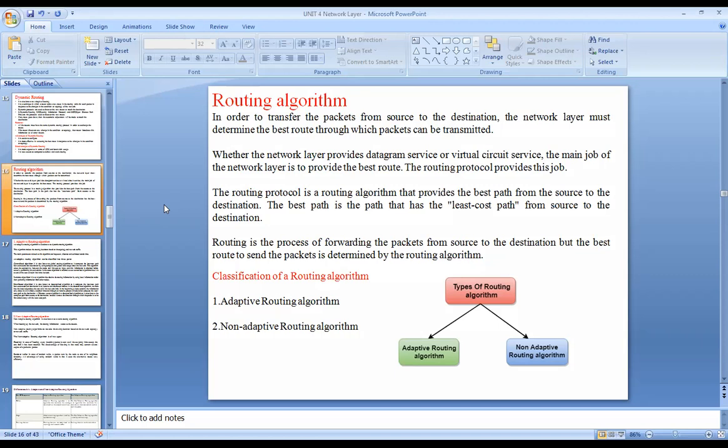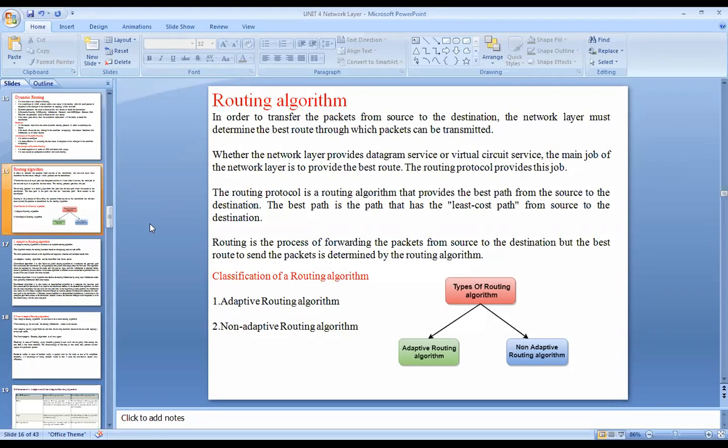The datagram is what is working on the internet. The virtual circuit is working on the Ethernet. The connection oriented service is called a virtual circuit, and the connectionless service is called a datagram service.